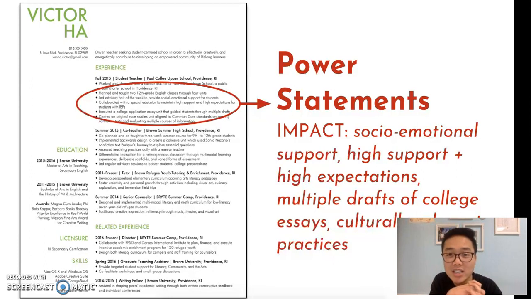So maybe you underlined socio-emotional support, high support and high expectations, multiple drafts of college essays, or culturally relevant practices. And so instead of just saying I was a student teacher at Paul Cuffey Upper School, I have this list of power statements underneath that explains what impact I made and what sort of things I did to bring about that impact.